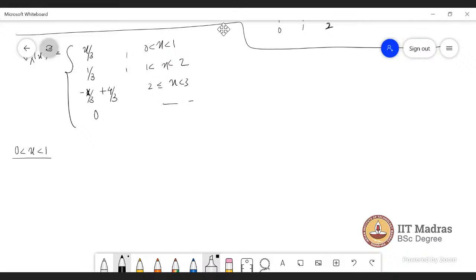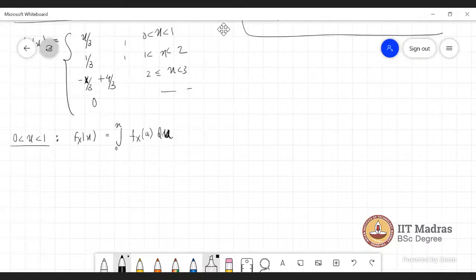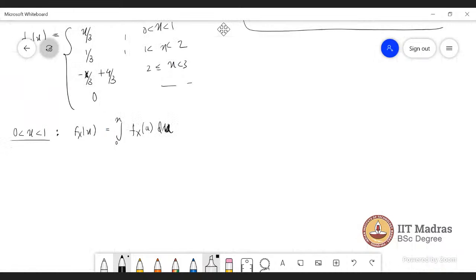So for x lying between 0 to 1, if you have to find the Fx, it is going to be probability X less than or equal to x. So this is the integral of fx dx from 0 to x. To avoid the confusion, let's take u, where u is varying from 0 to x.